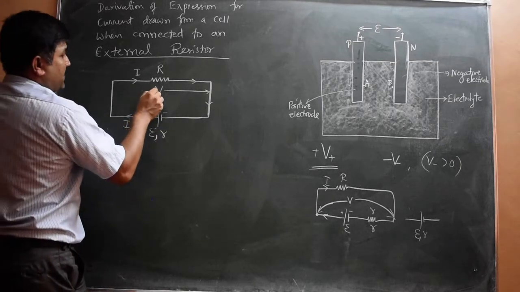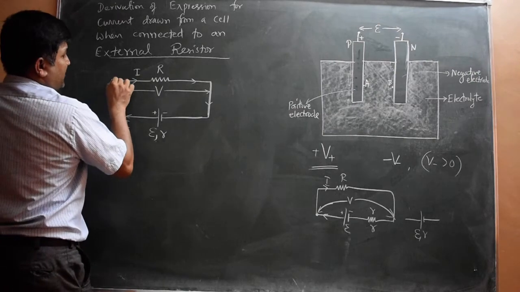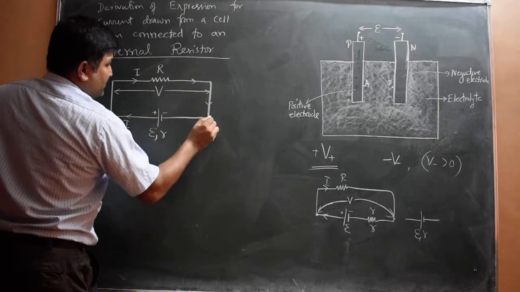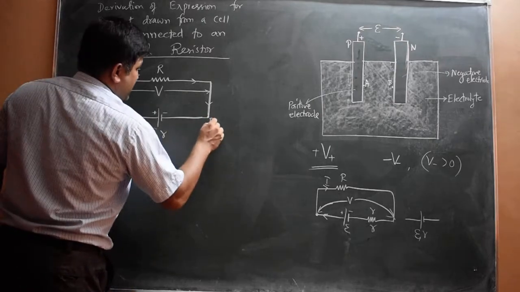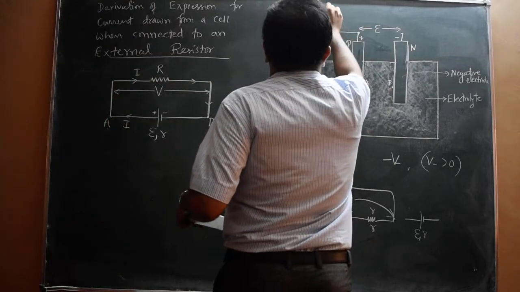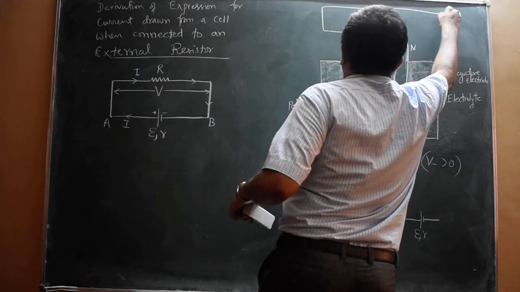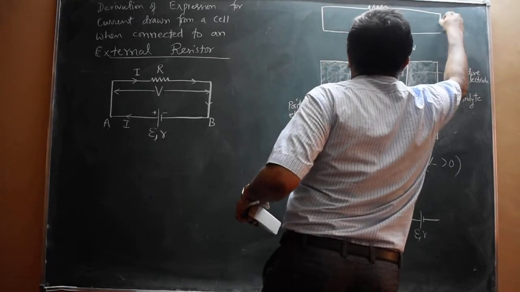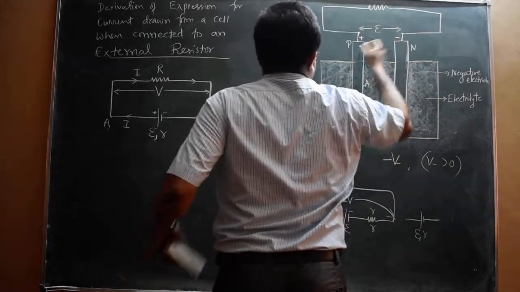Then the terminal PD of the cell, or potential difference across the terminals of the cell, if I take the terminals of the cell as A and B, here I put an external resistor R.